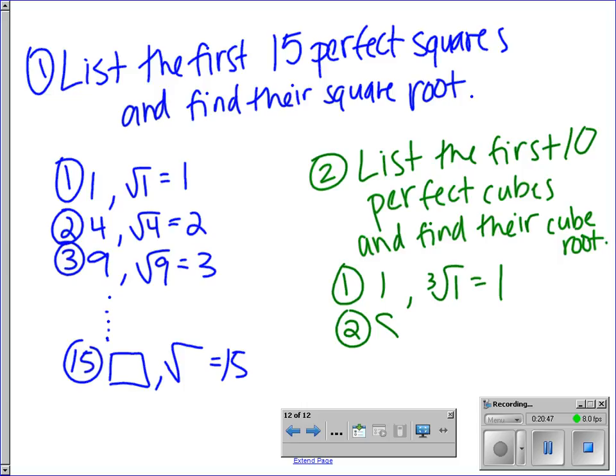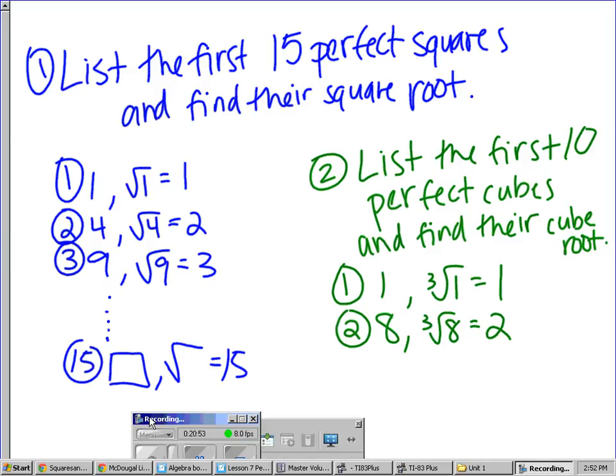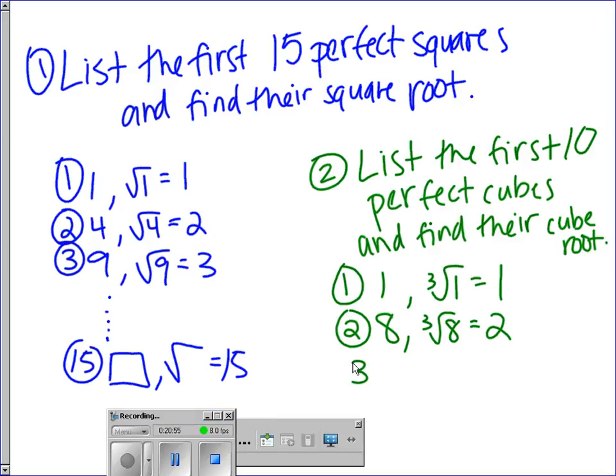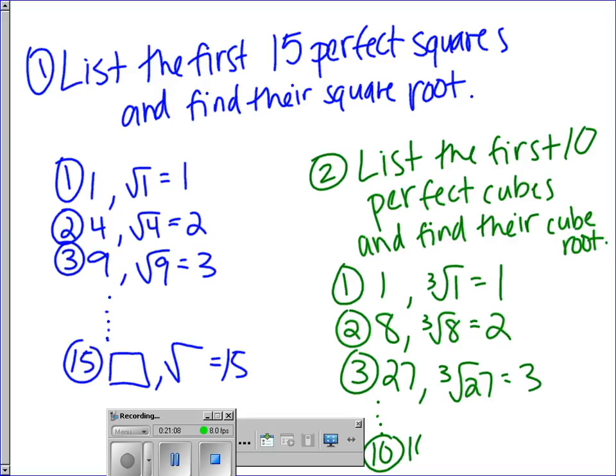The second perfect cube is 8. The cube root of 8 is 2. The third perfect cube is what? 27. The cube root of 27 is 3. And I want that all the way through 10. The 10th perfect cube is 1,000. The cube root of 1,000 is 10.